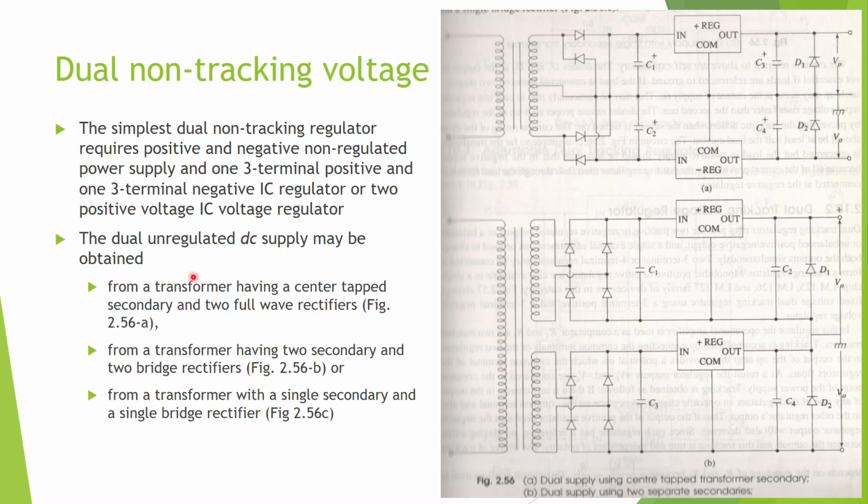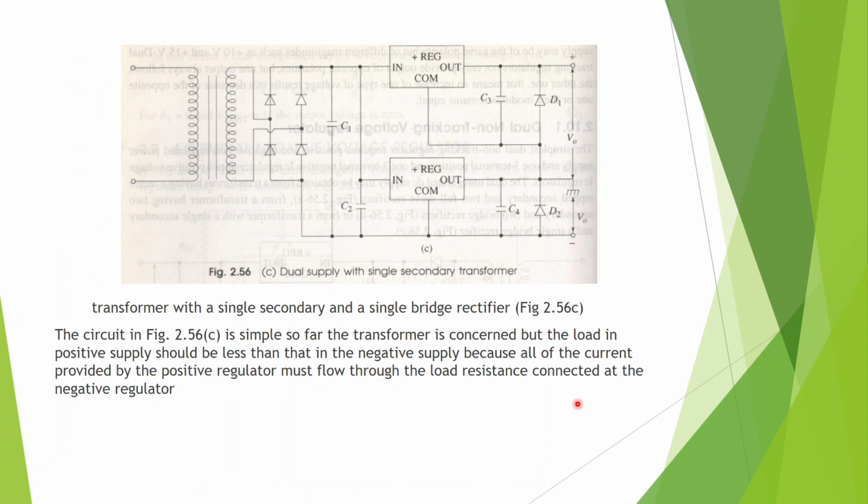When we speak of unregulated DC supply, that supply can be obtained by connecting two transformers in such a way that one transformer has a center tap and is connected to the full wave rectifier here, or you have a transformer which has two secondaries connected to two bridge rectifiers, or you could take a transformer with a single secondary connected to a simple bridge rectifier circuit here.